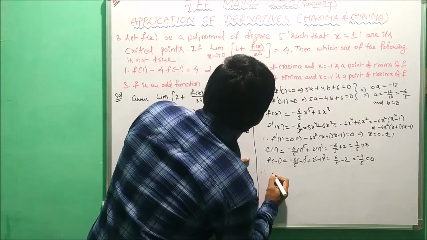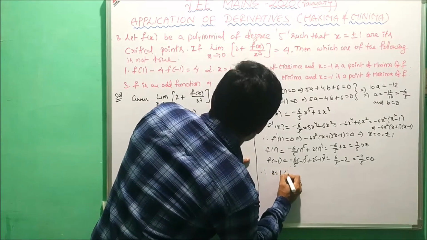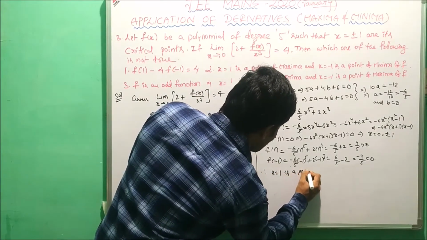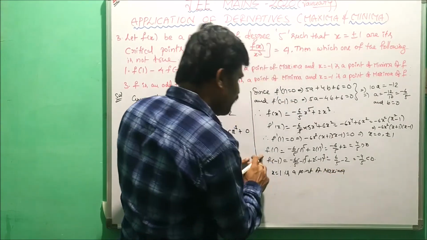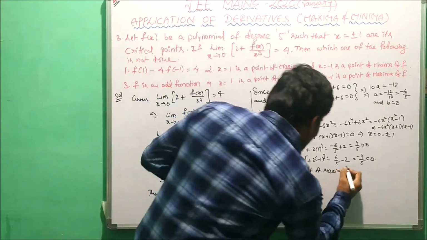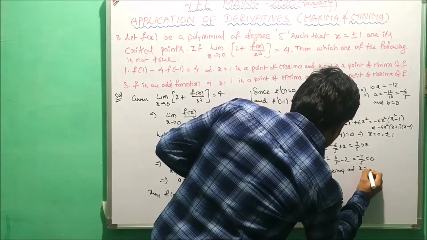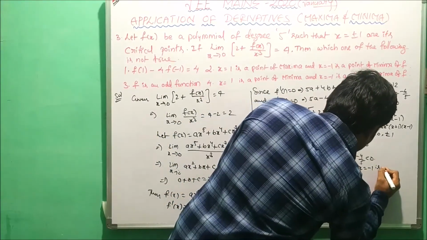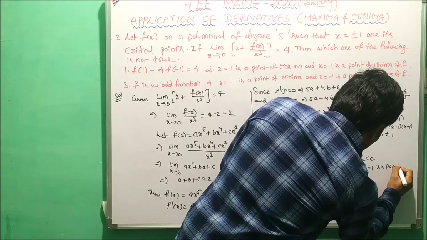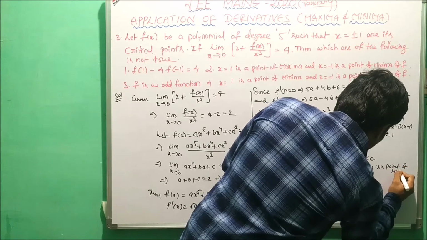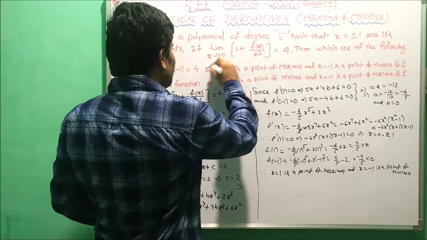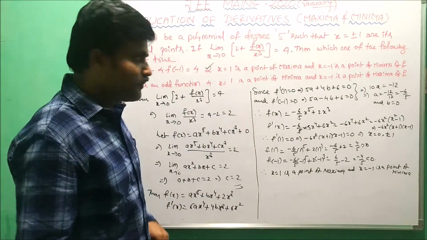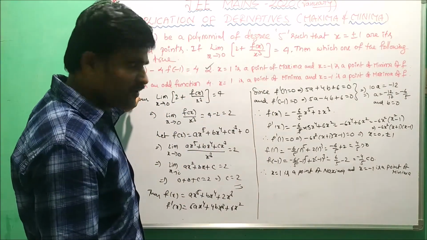So therefore x = 1 is a point of maximum because f(1) is greater than 0, and x = -1 is a point of minimum. Now we observe the second option is the right option. Similarly, by verification, the first option.